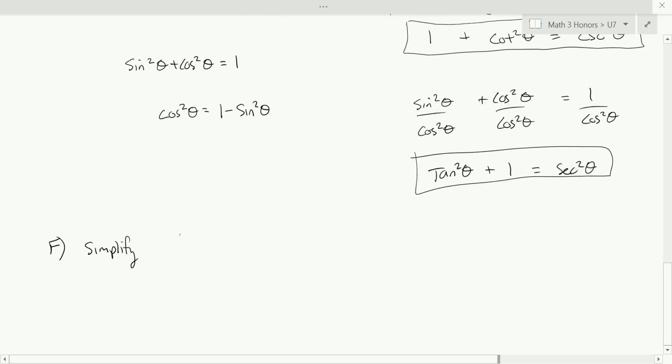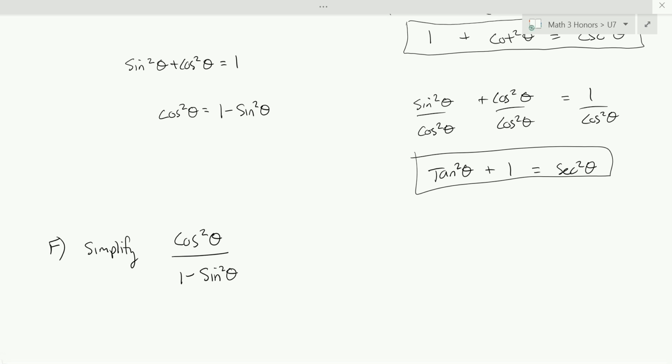Simplify cosine squared theta over 1 minus sine squared theta. The thing that should trigger Pythagorean identities is if you see anything squared. If you see any of your trig functions squared, always think, hey, can I use one of these Pythagorean identities?